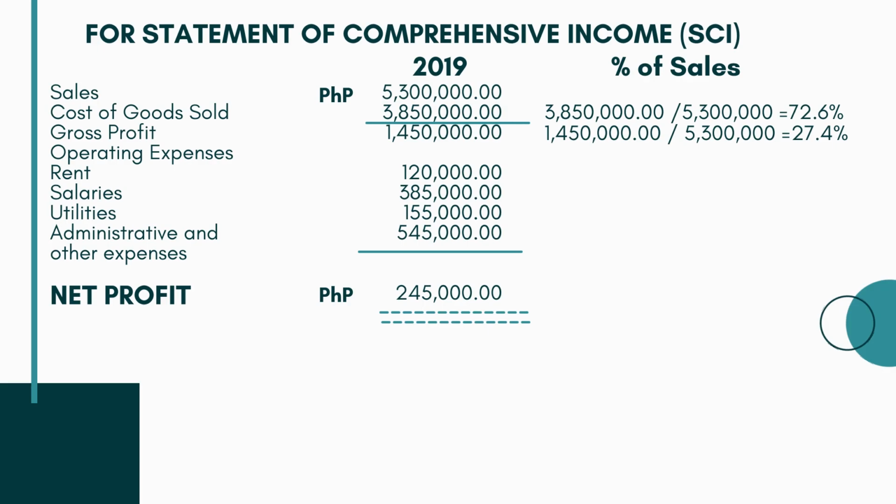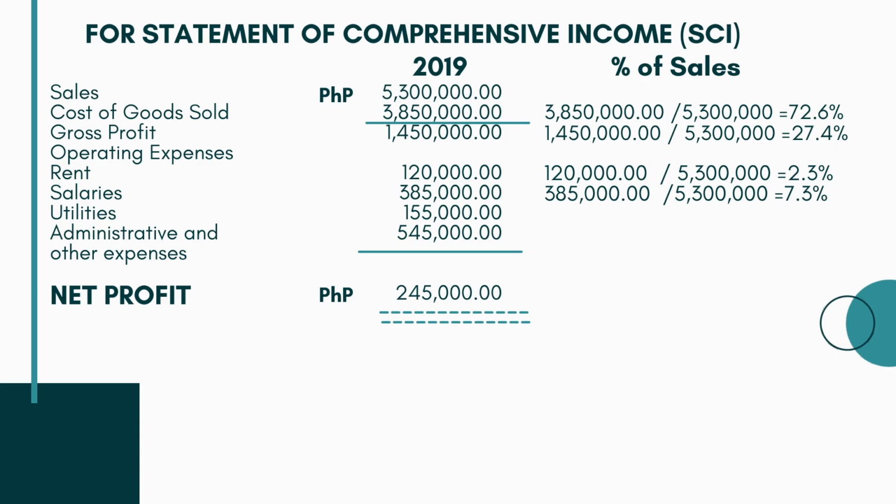Gross profit, 1,450,000 divided by 5,300,000 equals 0.27 times 100 is equal to 27.4%. In rent, 120,000 divided by 5,300,000 is equal to 0.022 times 100 is equal to 2.3%.